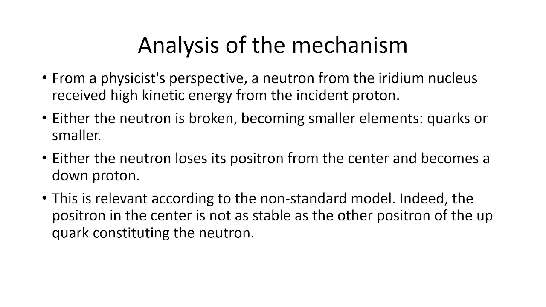Either the neutron loses its position from the center and becomes a down proton. This is relevant according to the non-standard model. Indeed, the position in the center is not as stable as the other position of the up quark, constituting the neutron.